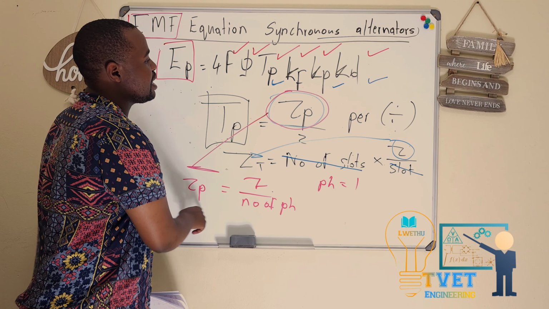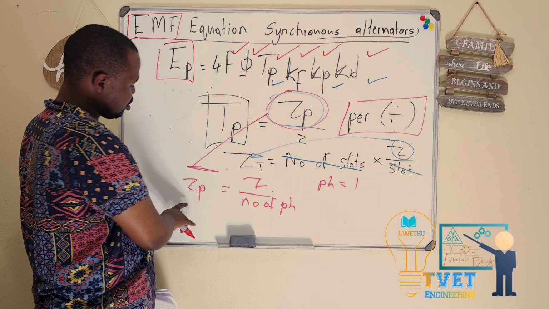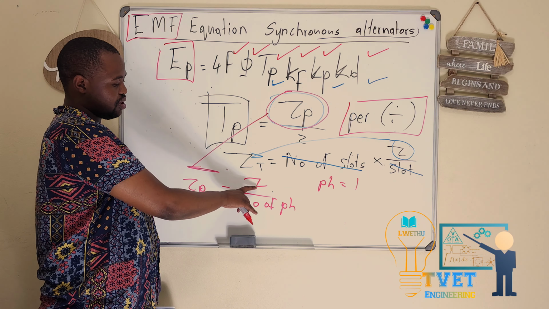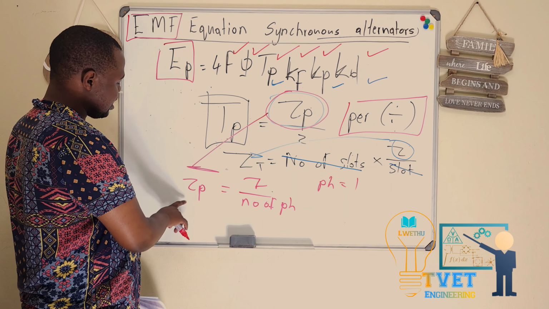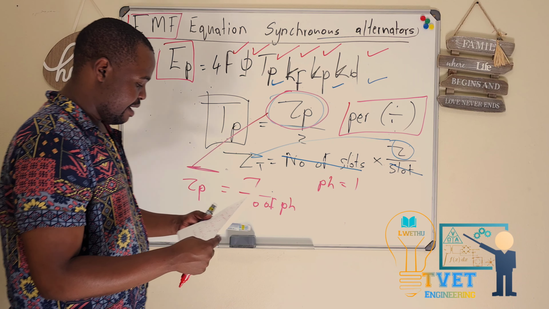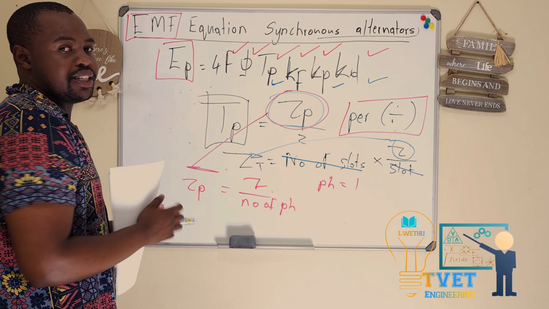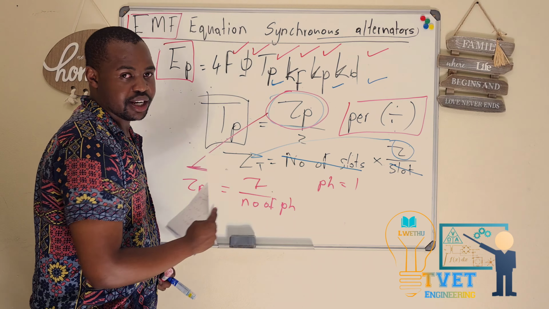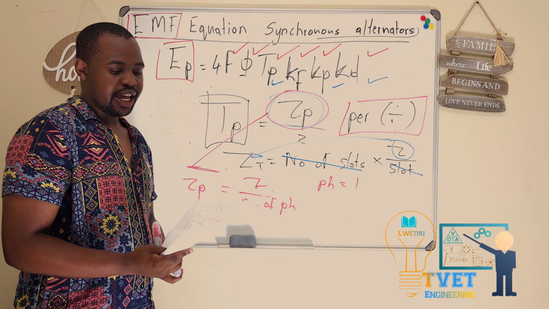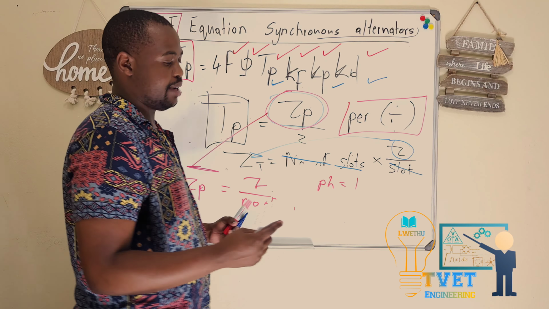But as I've just mentioned again, per means division. That is why Zp is equal to Z over number of phases, because Zp is the conductors per phase. Please take note of these formulas that I'm writing down here. I will send a PDF of these formulas or these notes that I'm using.